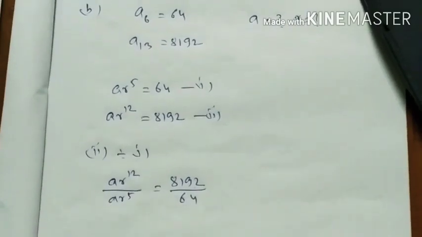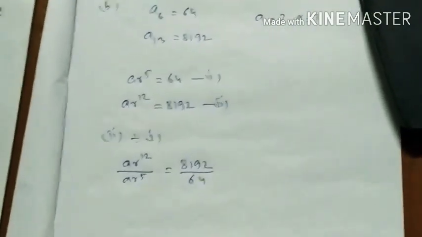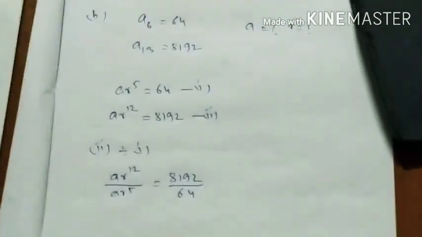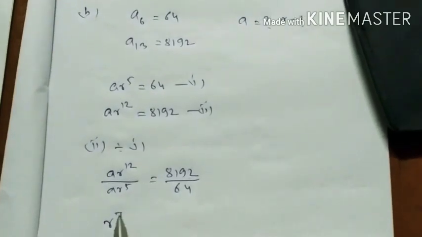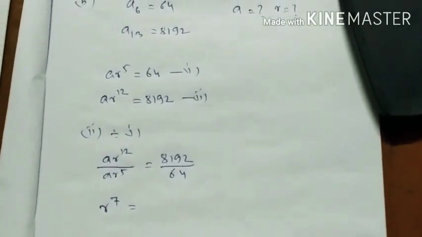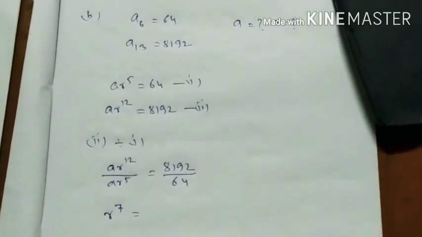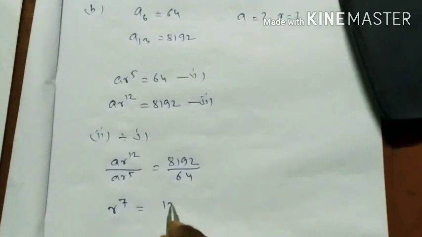Here A cancels out, and 12 minus 5 comes out to be 7, R to the power of 7. Now when I divide 8192 by 64, it comes out to be 128.